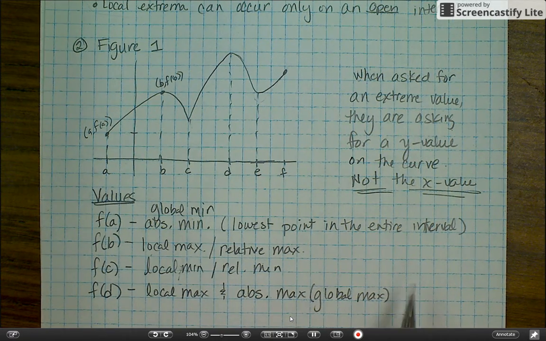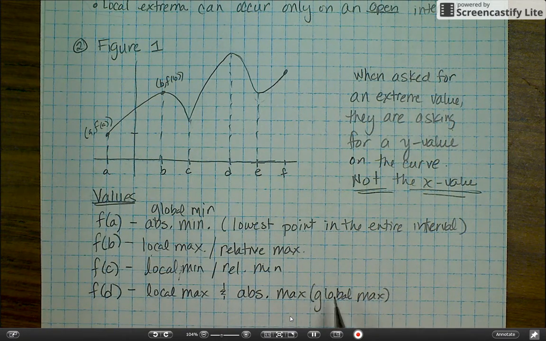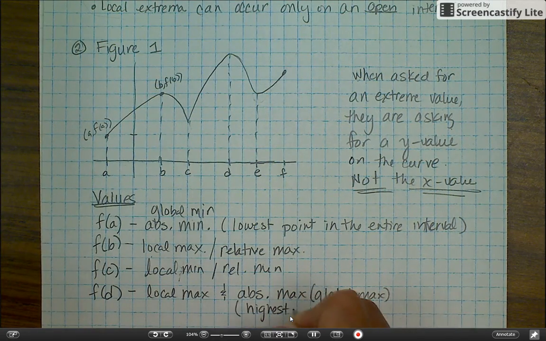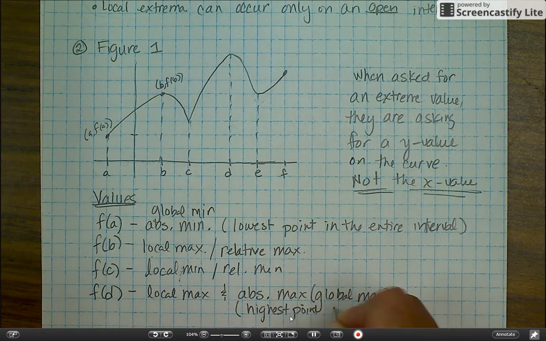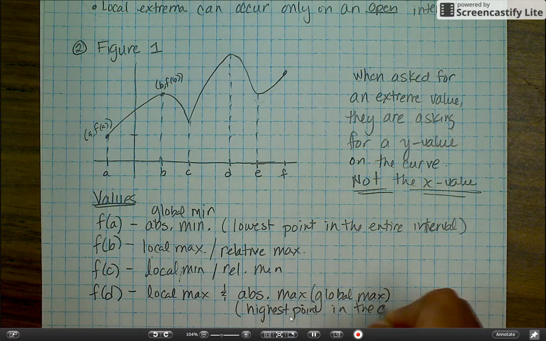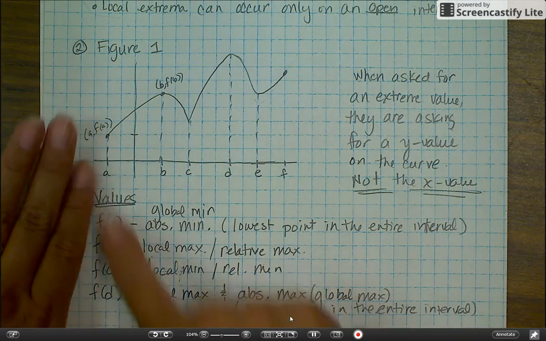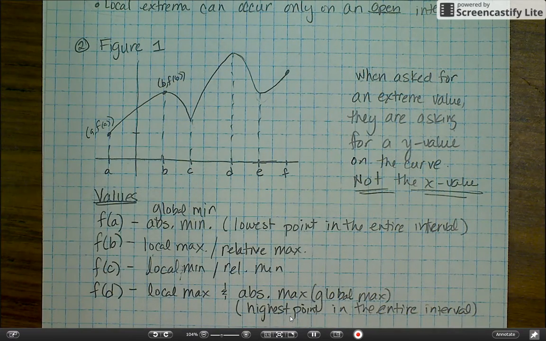Why is it a global or absolute maximum? Because it is the highest point in the entire interval. So if you look at the entire interval A to F, it is the highest point.